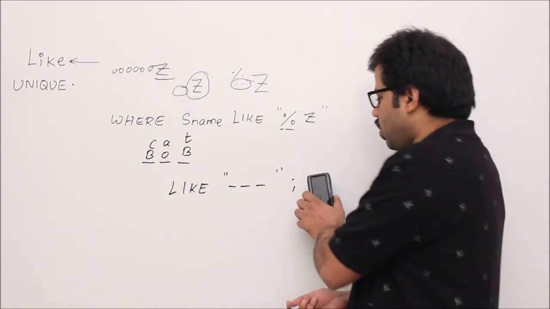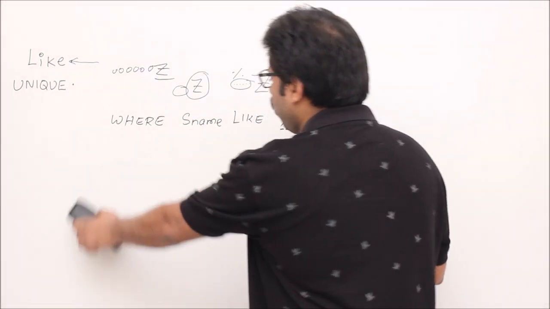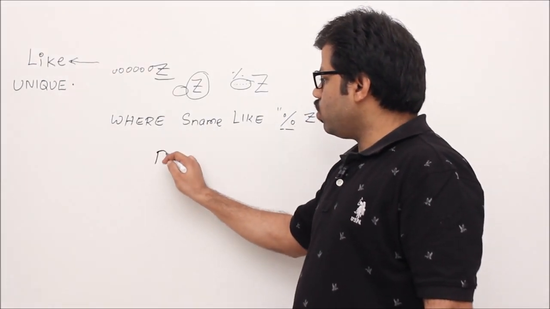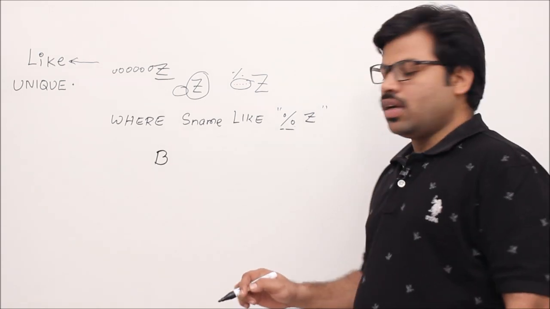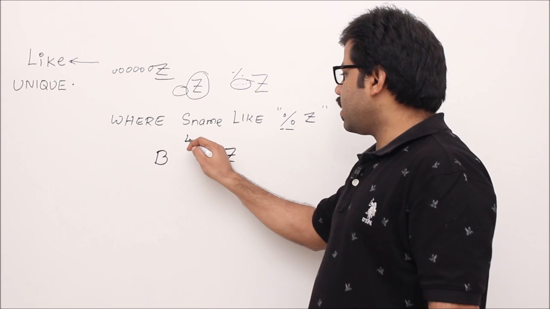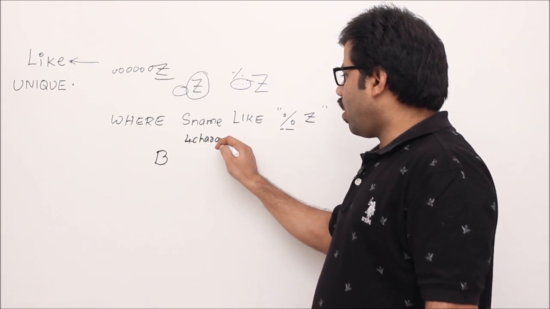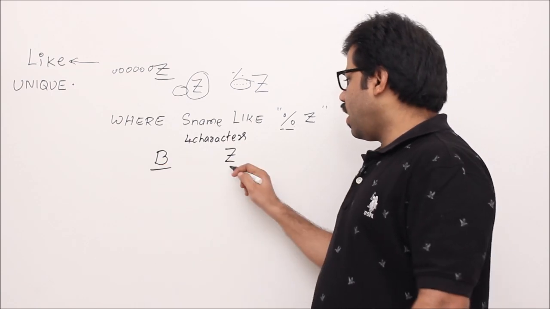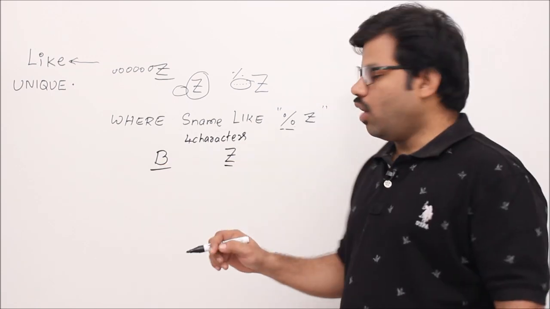Now example, I have this requirement. I want to print all the sailor names which start with B and end with Z, but exactly 4 characters. I want to print all the strings with 4 characters. First character is B and the last character is Z. Then how to write it?